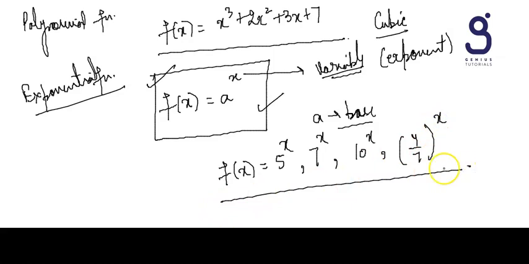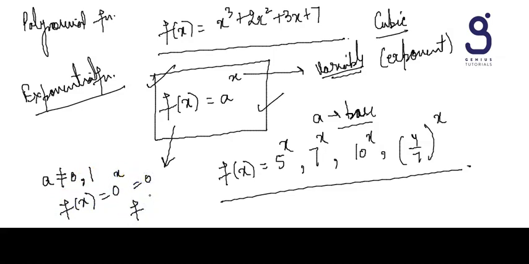Okay, but remember one thing, that whenever we write down exponential function, this a should not be equal to 0 or 1, because if I write down f(x) as 0 to the power x, that will be 0 only. Same way, if I write down f(x) as 1 to the power x, it will remain 1 only.